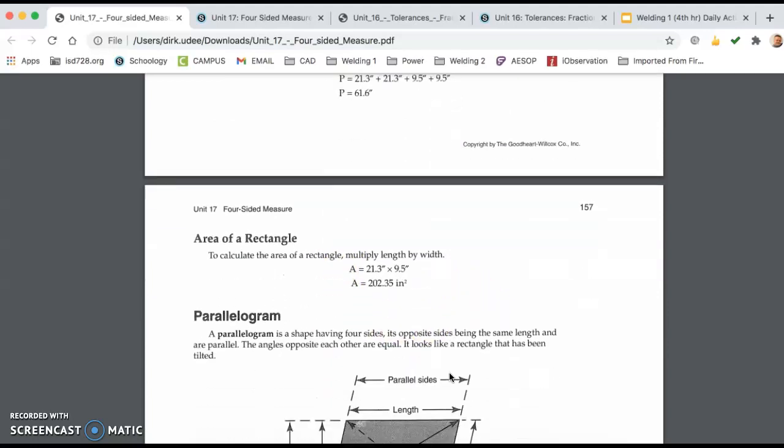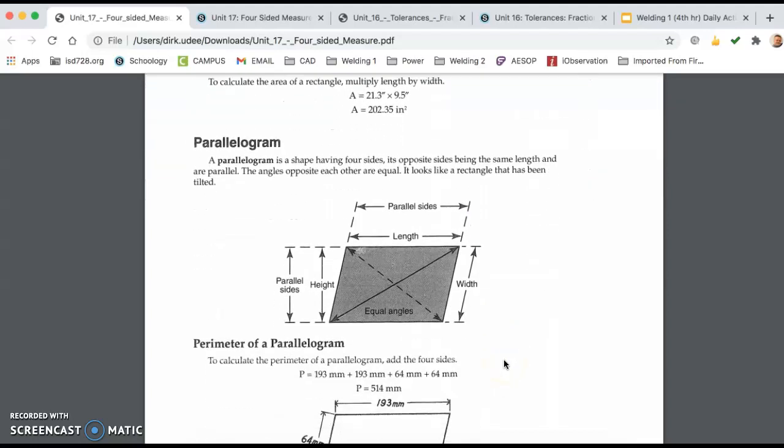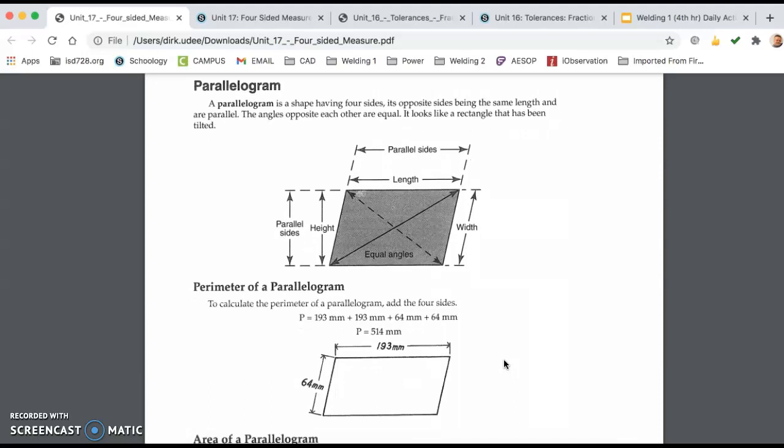The parallelogram now is going to change things a little bit. Perimeter is going to be the same, thankfully. So again, it's repeat. We're adding up all four sides. Okay, again, a parallelogram, your two opposing sides are equal length. So you'd have 193 top and bottom and 64 left and right.